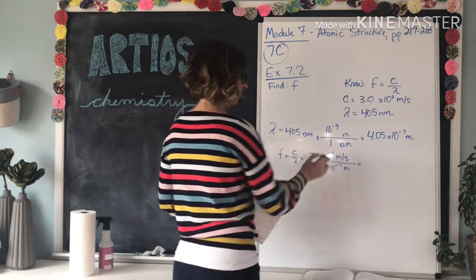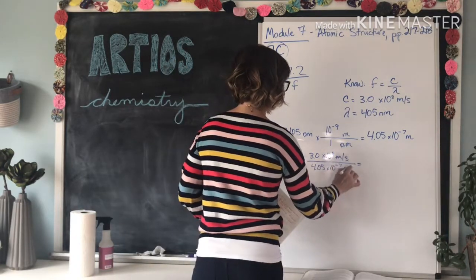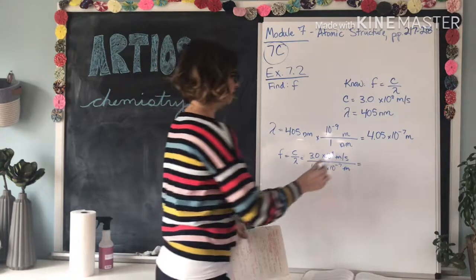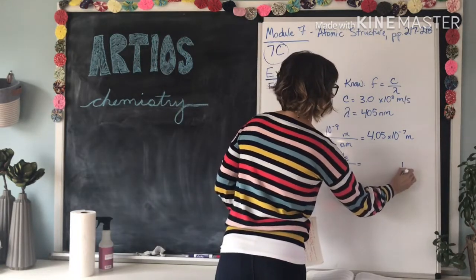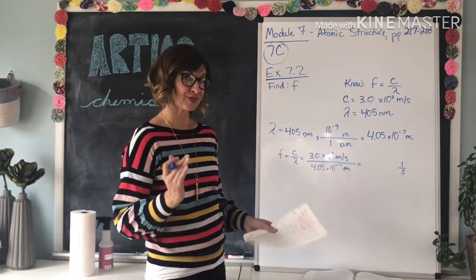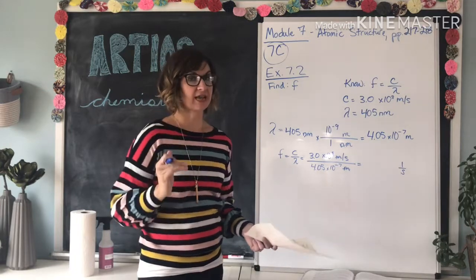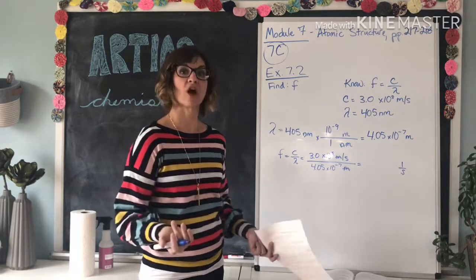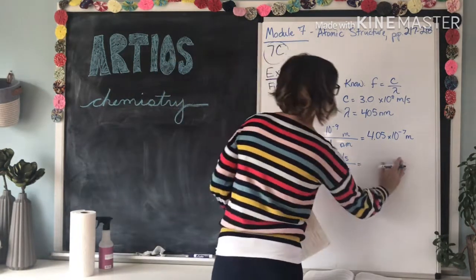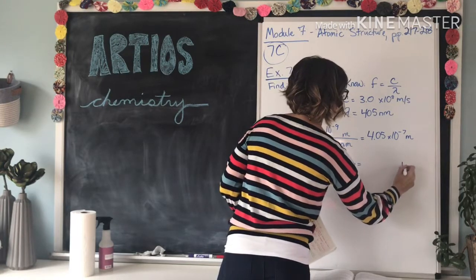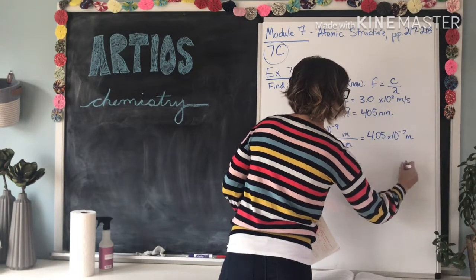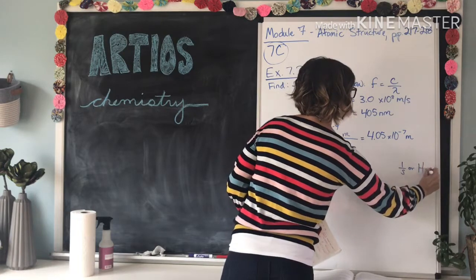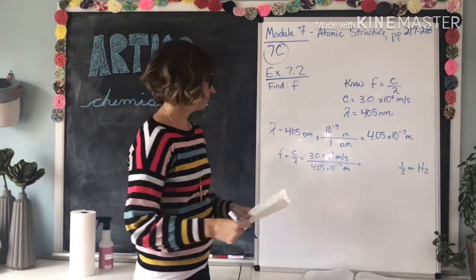Now looking at this, I can see that my 2 meters are going to cancel each other out. So I'm going to end up with these weird units of 1 per second. But if you remember, 1 per second means hertz, which is how we measure frequency, okay? So I'm just going to write 1 per second or hertz. That's going to be the unit that I end up in, okay?